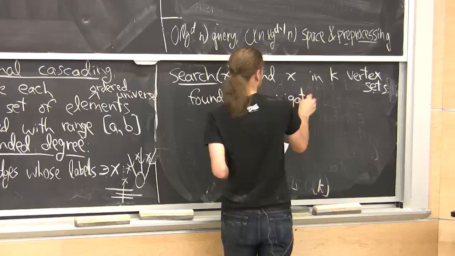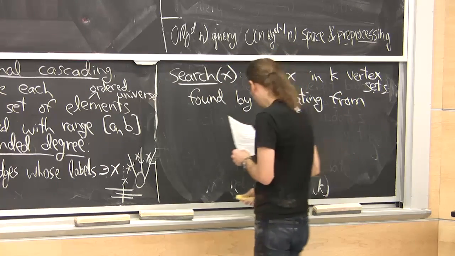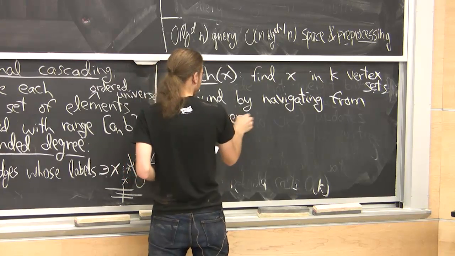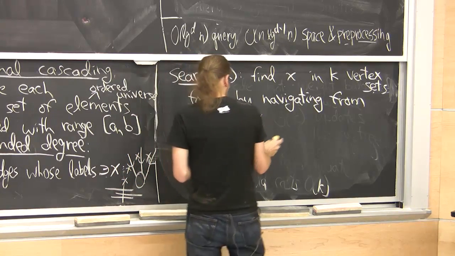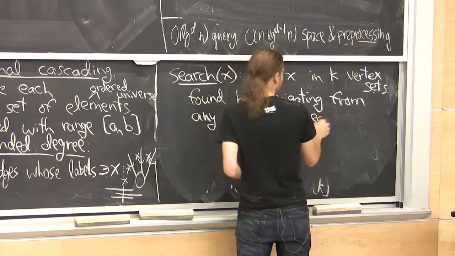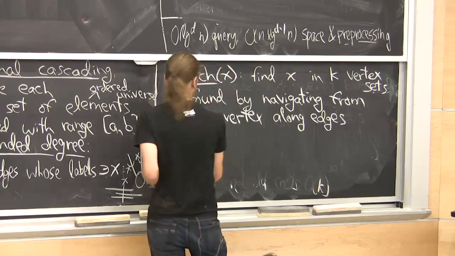I have a constraint on how those sets are found. They're found by navigating this graph, starting from any vertex, and we navigate by following edges whose labels contain x.